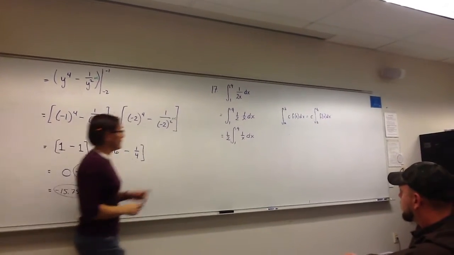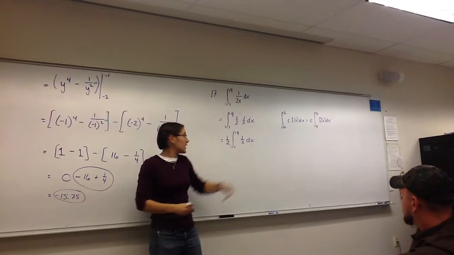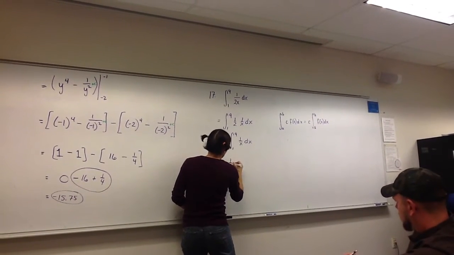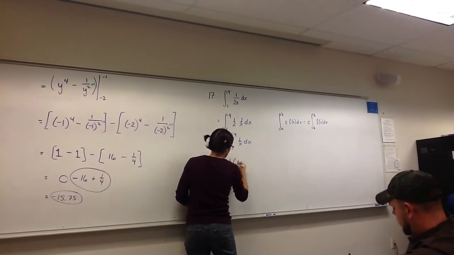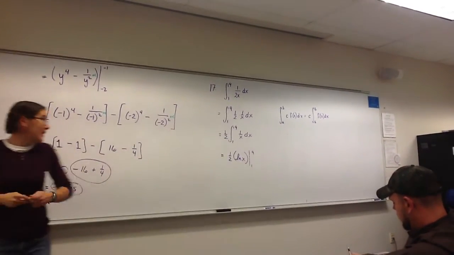And so Erin's idea here of saying the antiderivative of 1 over x is natural log of x is absolutely correct. However, you might not have thought that right away.